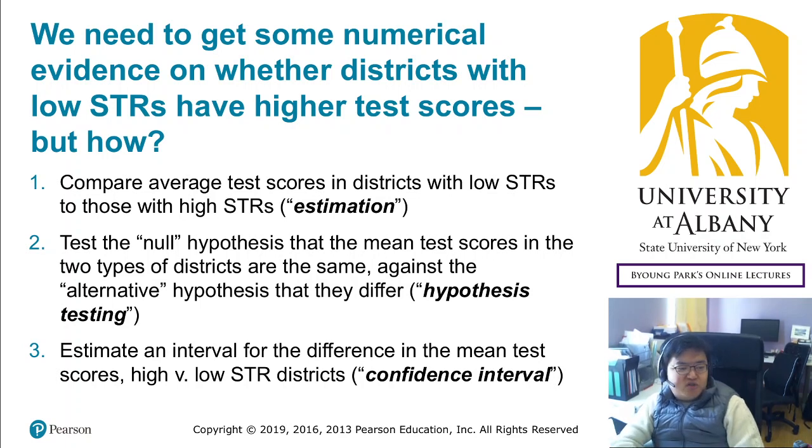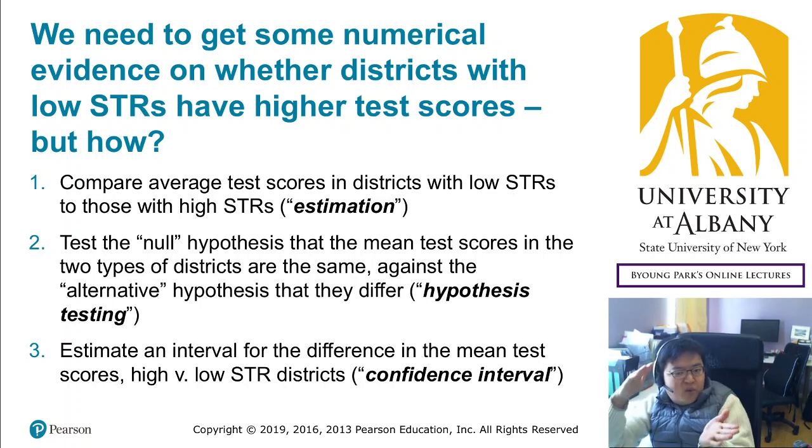So that's another statistical method and a possible way to prove the relationship. And finally, the third is to give an interval. The effect will be somewhere in between these points. Say, a reduction by one student per teacher would increase the test scores by somewhere between 10 to 20 points, for example.